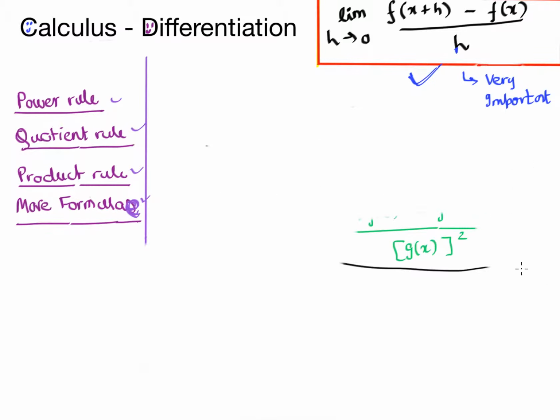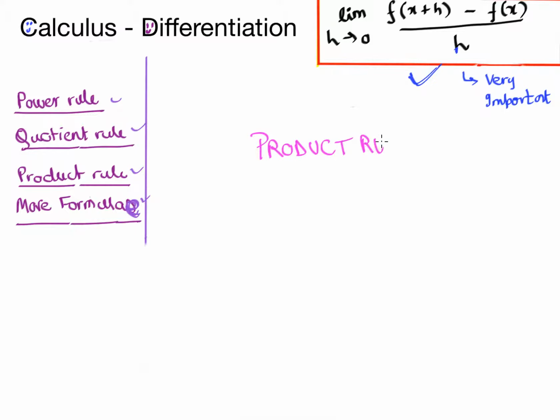And now we move on to the product rule, and the product rule is sort of the same, but only here there's a product and not the quotient. So we have the product rule now. Let's say we have two functions, right? So we have to find d by dx of f of x times g of x.